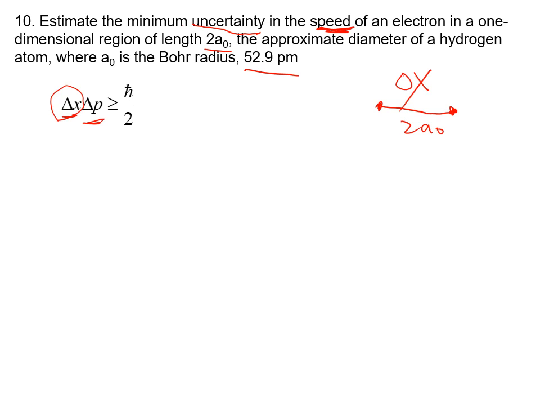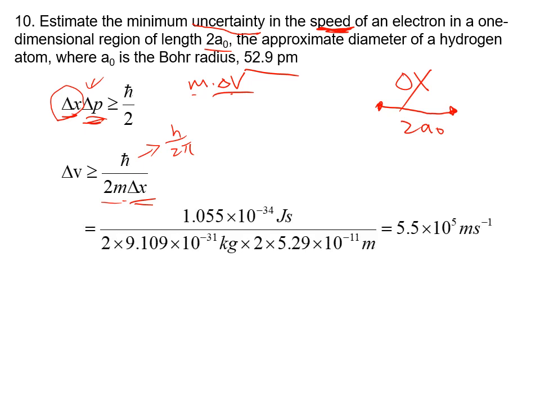The speed is related to momentum. Momentum is m times v, so here delta p is m delta v, and therefore we can calculate delta v equals h bar, which is h divided by 2 pi, divided by 2m times delta x. m is the mass of the electron, delta x is the uncertainty of the position.